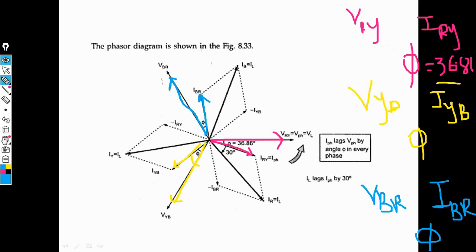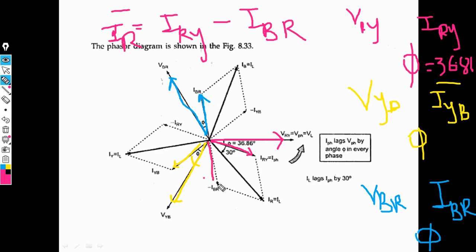Now this is the reference phasor with respect to voltage and current. Then we need to draw IR bar. What is the formula for IR bar? IR bar is equal to IRY minus IBR. IRY is here and minus IBR is here. This is the magnitude of IR bar. Now this is for the R phase.